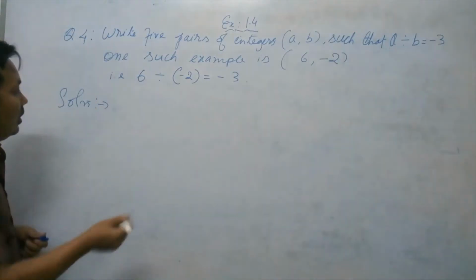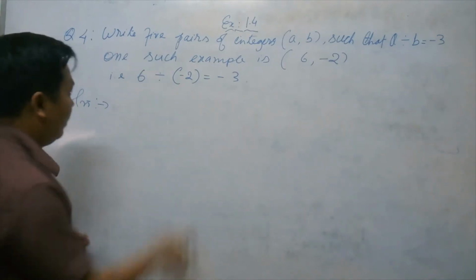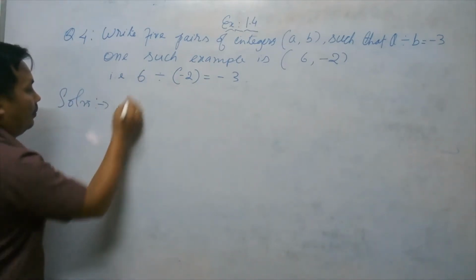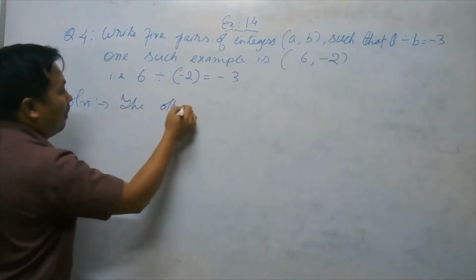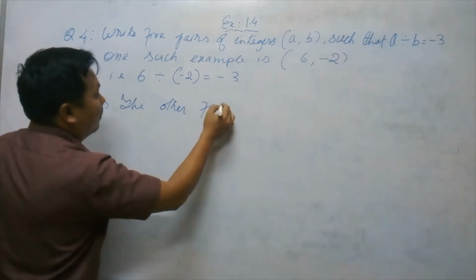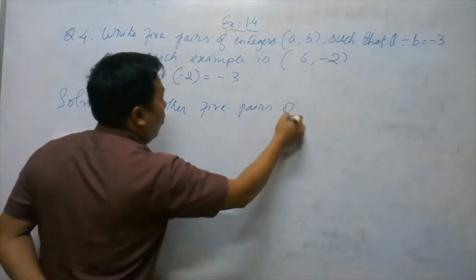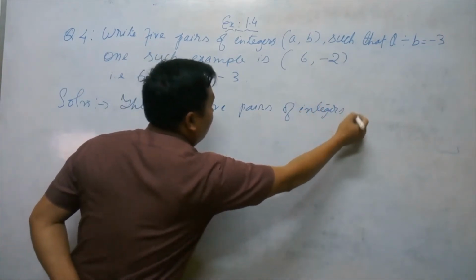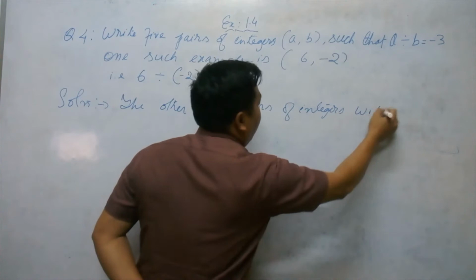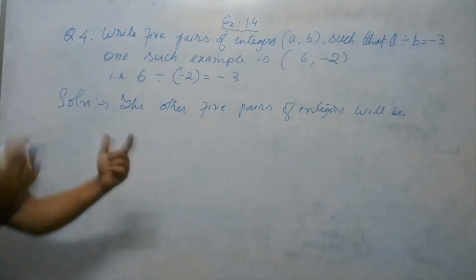First of all, let us see what the 5 pairs of integers can be.